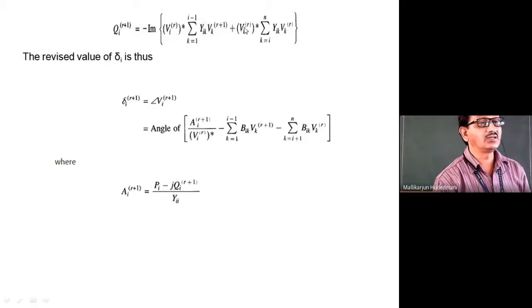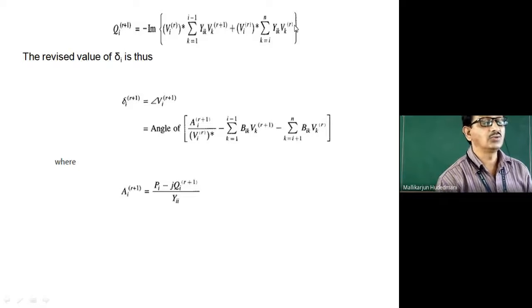Then after the 10th bus, we see the same term in the next block, k equal to 10 up to the last, n, having Yik, Vk of r. What is Vk of r? It is the old solution, the initial estimate. Vk of r plus 1 refers to the latest evaluated value. Vk of r refers to the one obtained in the previous iteration.